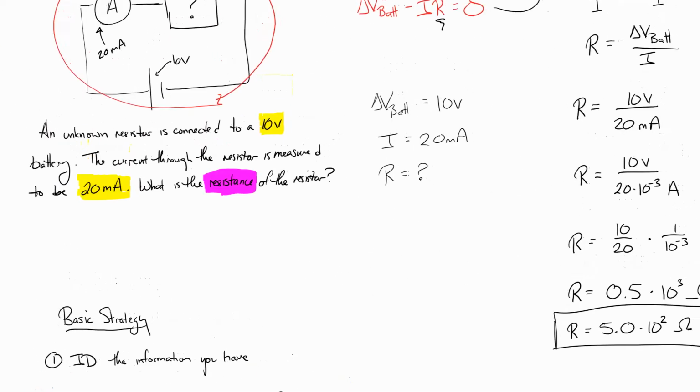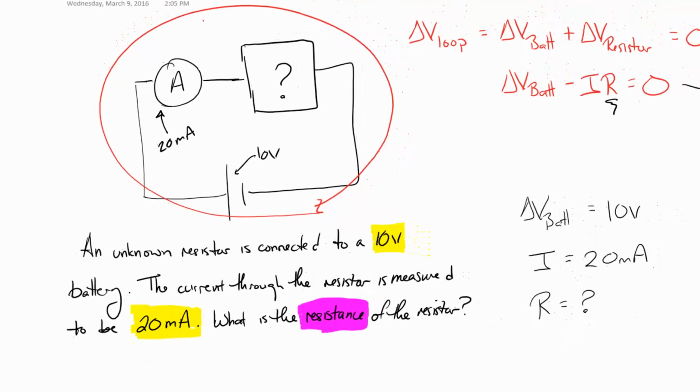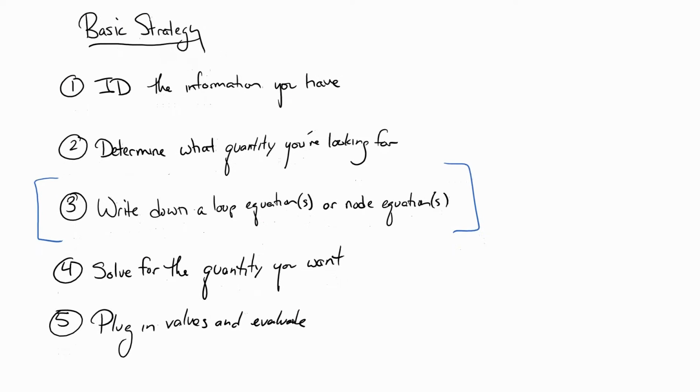So this is our basic strategy. We're going to want to start by, same things we always do whenever tackling a physics problem, ID the information you got, figure out what you're looking for. When we're dealing with circuits, the tools we have really are writing down loop equations and node equations. That's how we organize the information that's given to us. This is an example where we wanted to go through and calculate something.